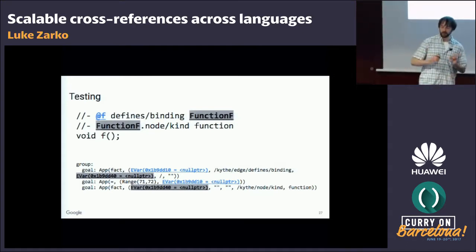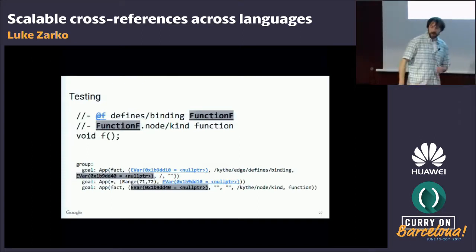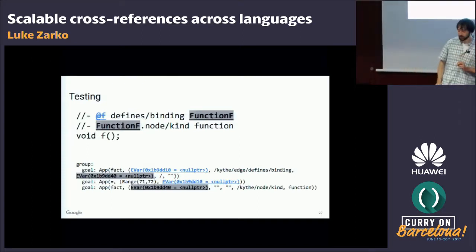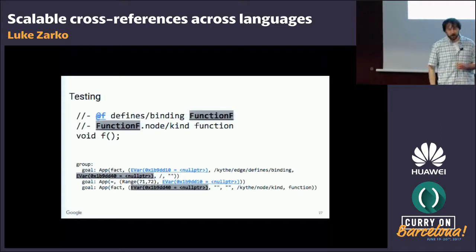Remember, the anchor in the source text. And that shows up where we check to see that it exists on an edge, and we check to see that it has the right range. And then we also have a variable for the function f, and we check to see that it has the right node kind. When we go to actually process this test case, we run it through a really naive, but still sufficient for our purposes, logical solver.